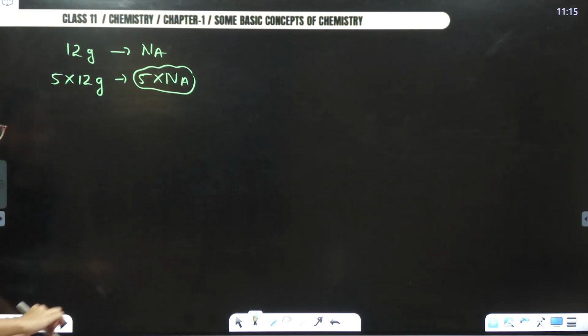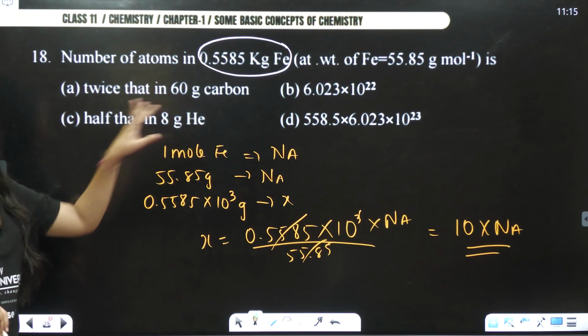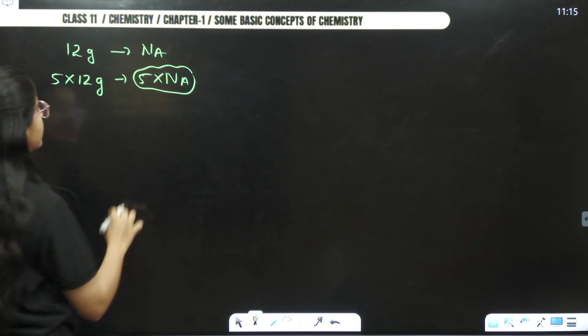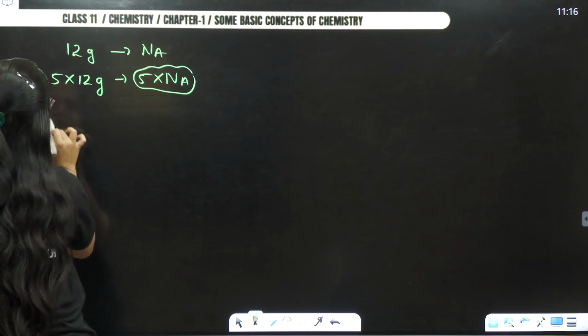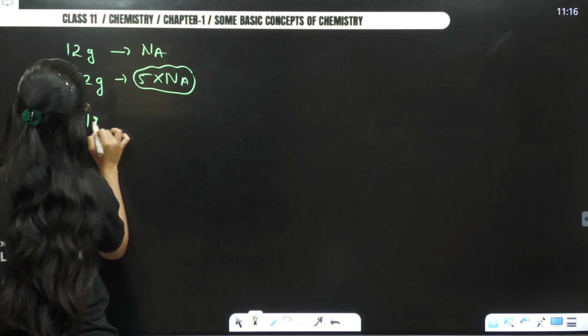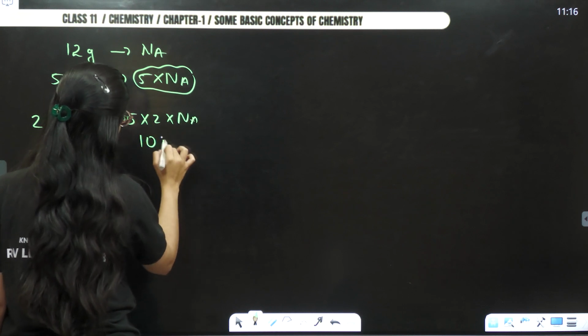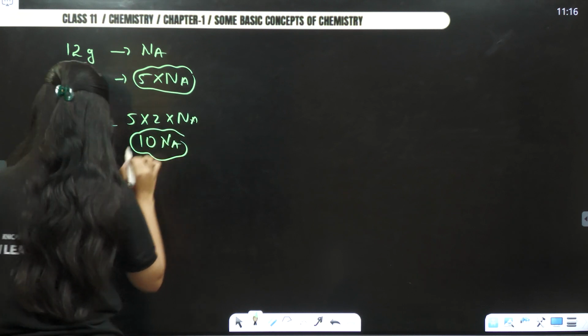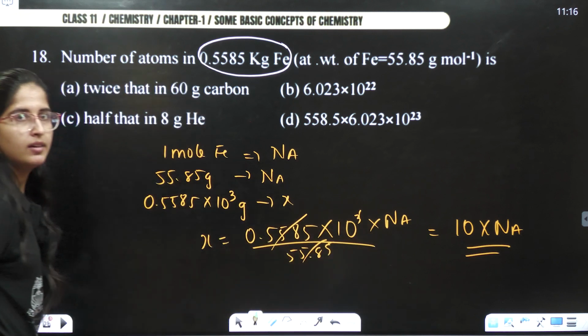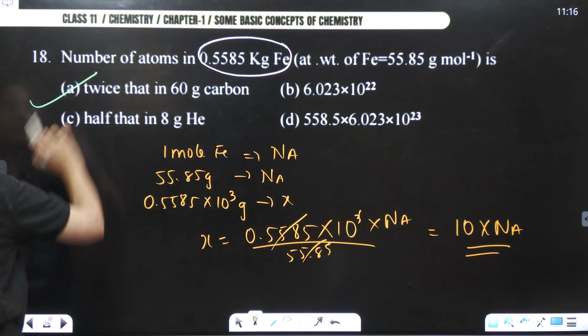So it is saying twice that of 60 grams of carbon, which is 2 into 5 into 12, equal to 5 into 2 into Na, which is nothing but 10 Na. So it is equal to the option obtained here, 10 into Avogadro's number. So option A is correct.